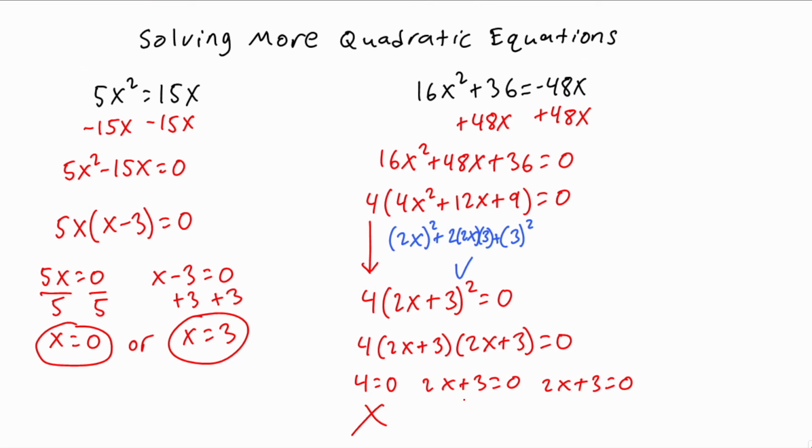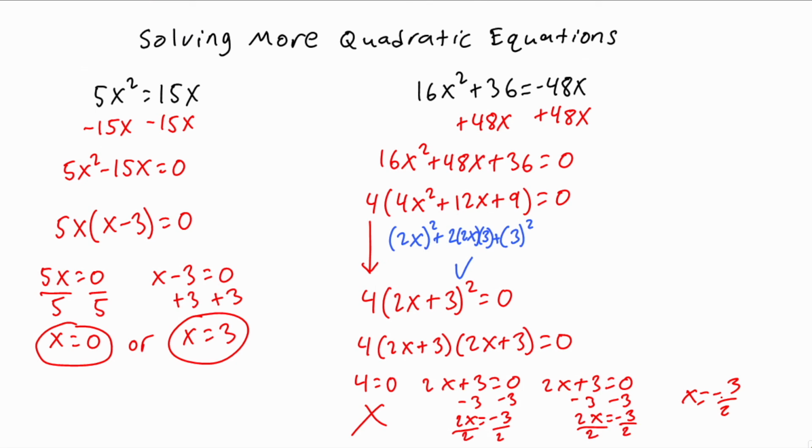2x plus 3, subtract 3 from both sides, and you get 2x equals negative 3, divide by 2, and you get x equals negative 3 over 2. And if you notice, this is the same thing. So if we do the same thing again, we'd get 2x equals negative 3, divided by 2, and x equals negative 3 over 2 again.